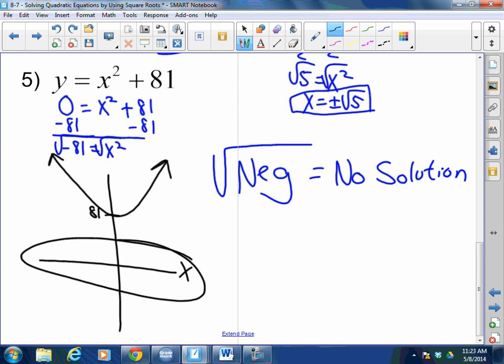So there can never be a negative square root. What's negative 2 times negative 2? 4. Negative 3 times negative 3? 9. Negative 7 times negative 7? 49. You can never, ever multiply a number by itself and get a negative. It is impossible.